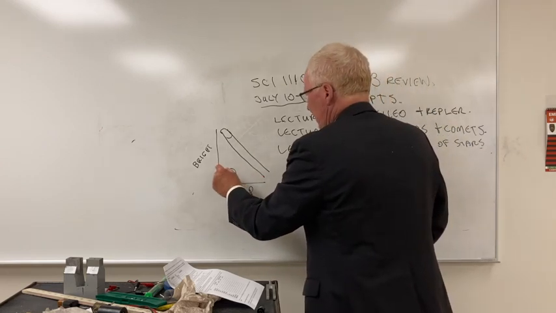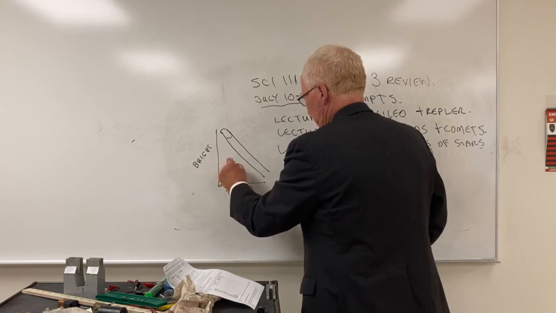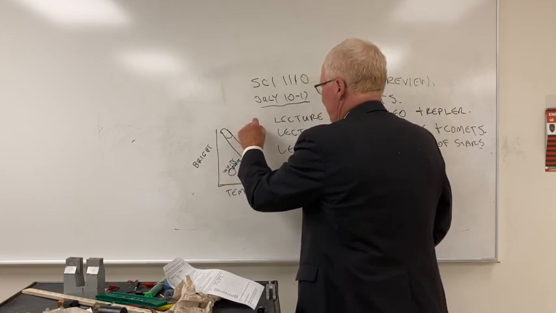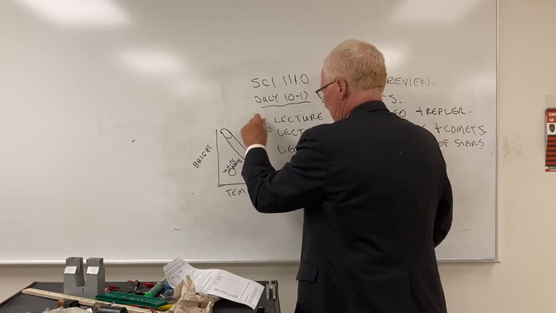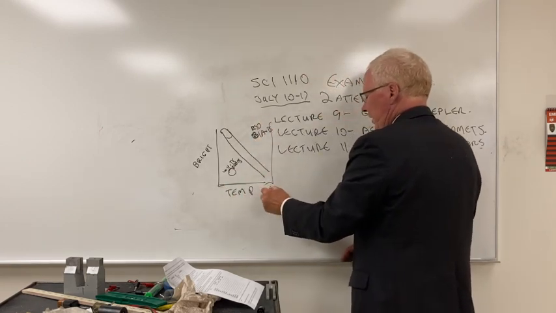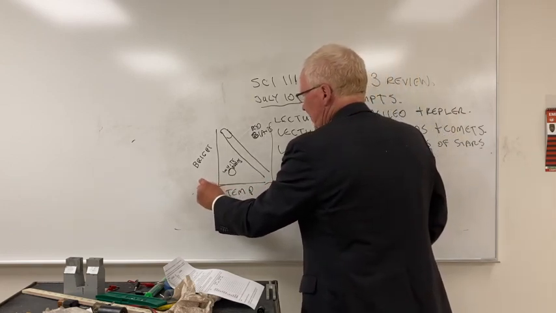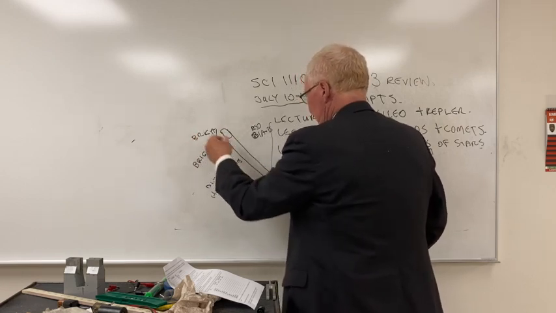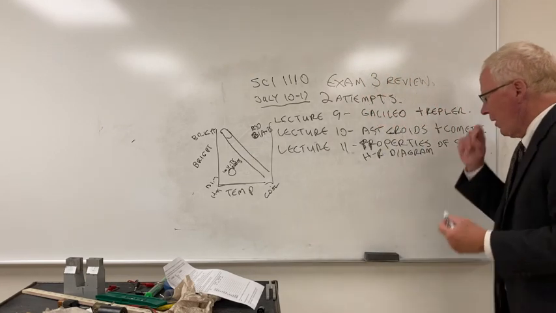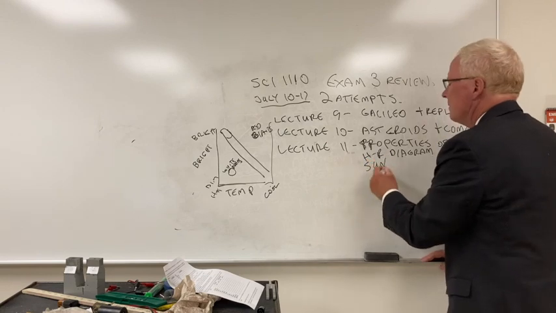These are white dwarfs down here. Red giants like Betelgeuse are up here. And so this is cooler here, cool, hot, dim, bright. All right, so this is what we call the HR diagram. What are properties of stars? Well, the sequences of stars, properties of the sun, including that.